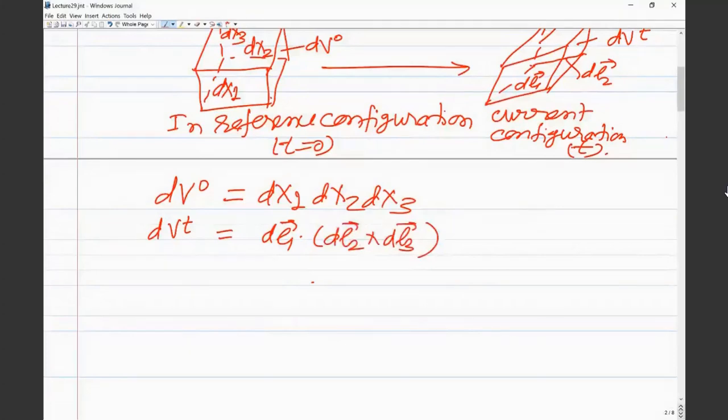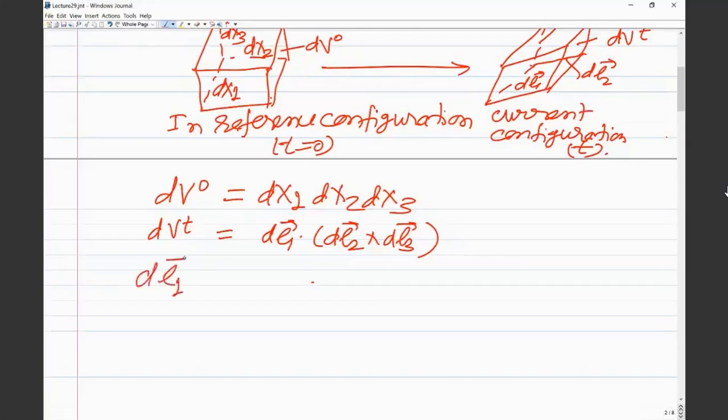Now we want to write these vectors, dl1. Initially the line along dl1 was parallel to the x1 axis. There is a change in small x1, x2, and x3 coordinates because of the change in capital X1.